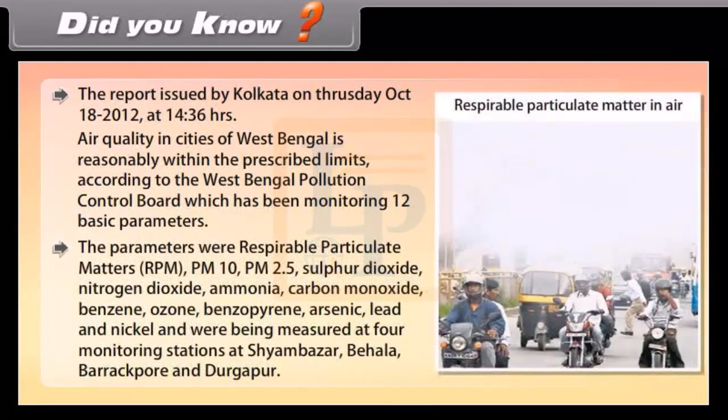The parameters were respirable particulate matters RPM, PM10, PM2.5, sulfur dioxide, nitrogen dioxide, ammonia, carbon monoxide, benzene, ozone, benzopyrene, arsenic, lead and nickel, and were being measured at 4 monitoring stations at Shambazar, Behala, Barakpur and Durgapur.